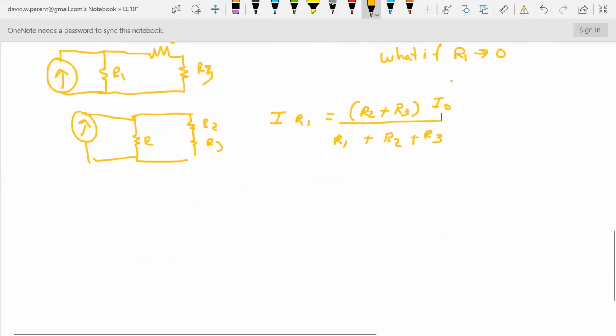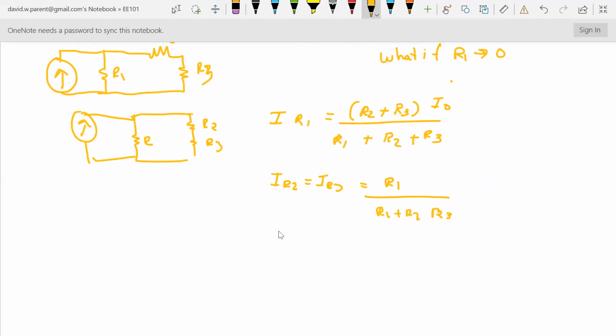Then the next part is IR2 equals IR3 equals R1 divided by (R1 plus R2 plus R3) times I naught. So if R1 goes to 0, IR2 and IR3 would equal 0, right?